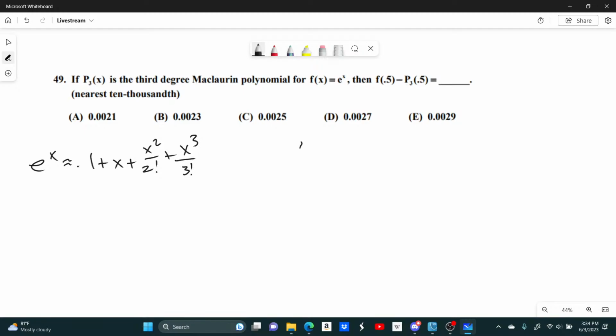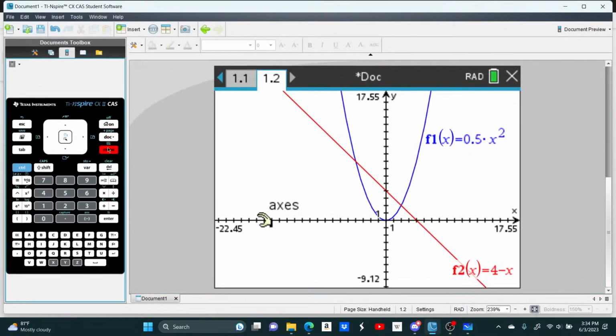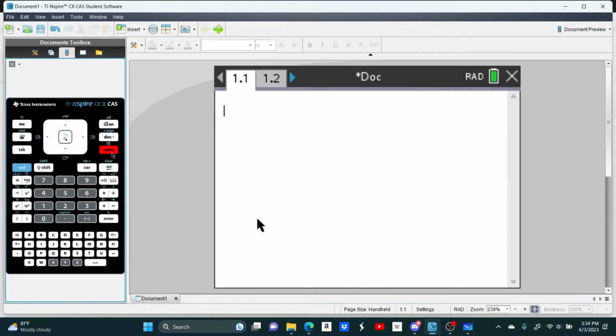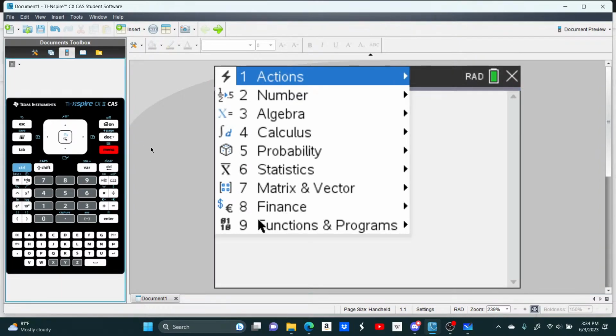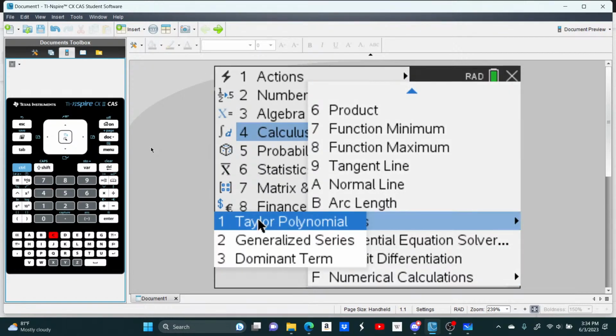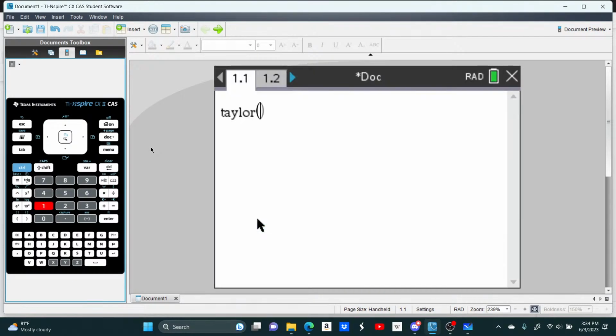And there's a few ways you could find this. A lot of people will just memorize them. There is a formula to go about calculating these on your own, but that's a little bit outside the scope of this question. One way you could do it, if you forgot what it was, and this will actually test if I know what this is, you can go to Menu, and then Calculus, and then down here C is for Series, and then Taylor polynomial.